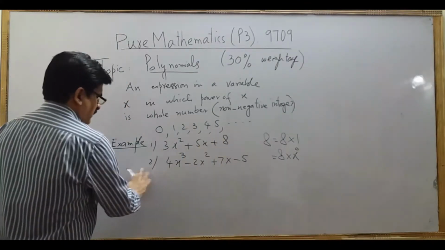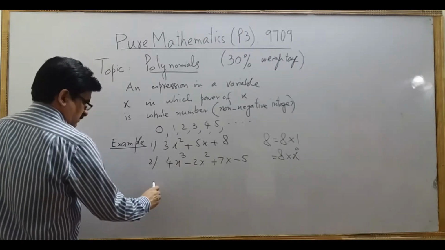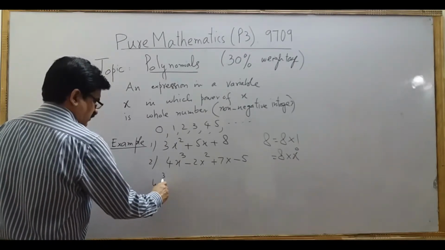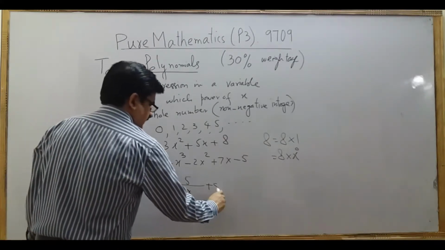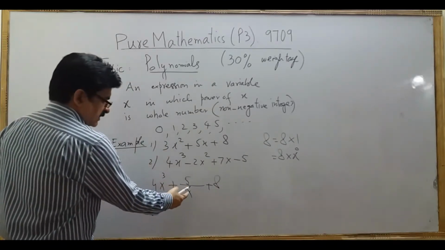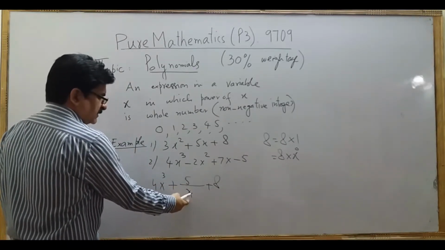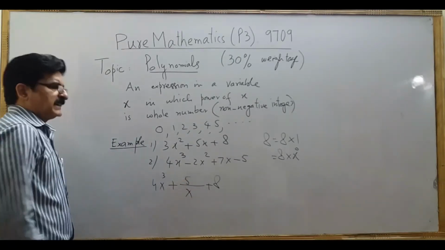So now for example I have another example, say 4x cube plus 5 over x plus 8. Now here x is in the denominator. If you write in the form of power, the power of x will be negative.